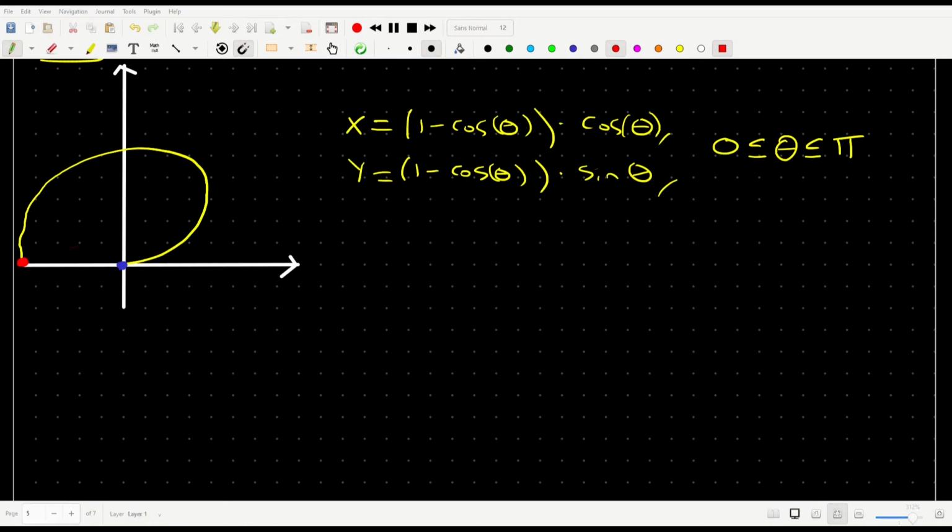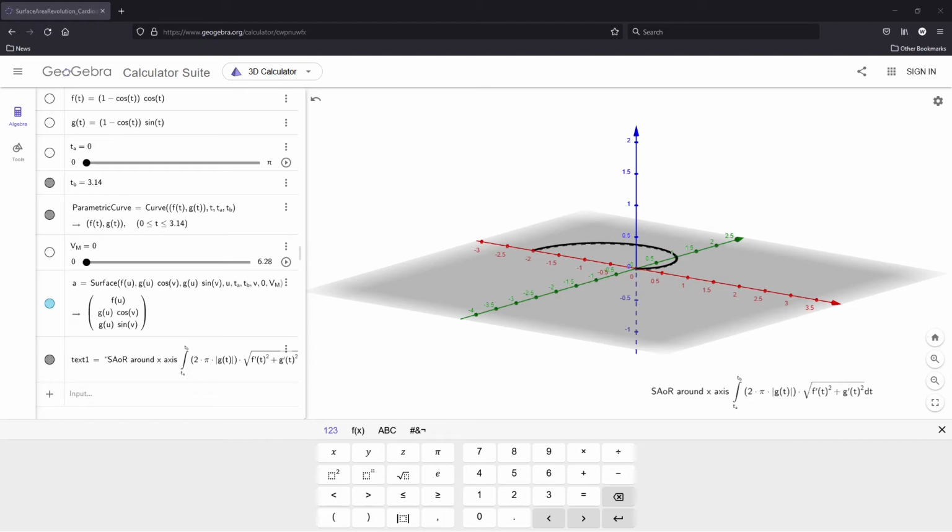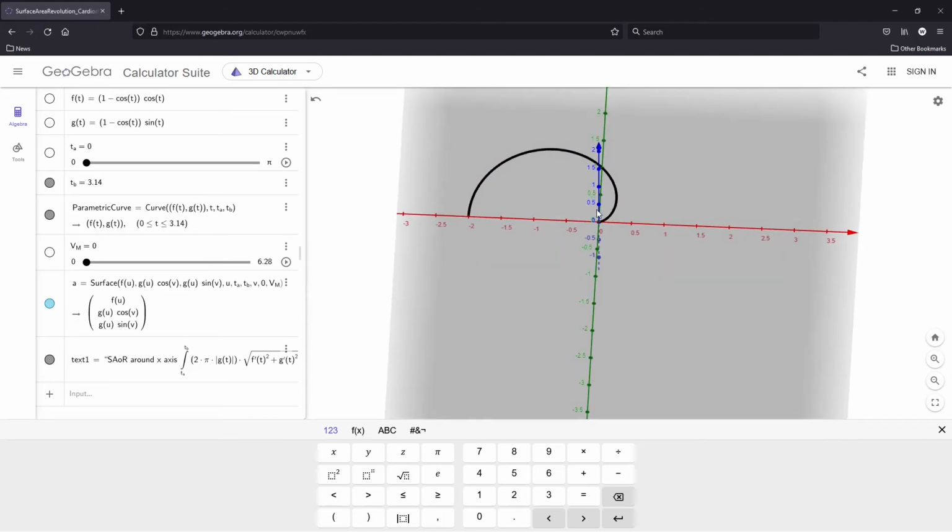And I want to directly show what's going on here. So this right here is our cardioid, the cardioid from 0 to pi. Like I said, if I went all the way to 2 pi, we would get the full cardioid.